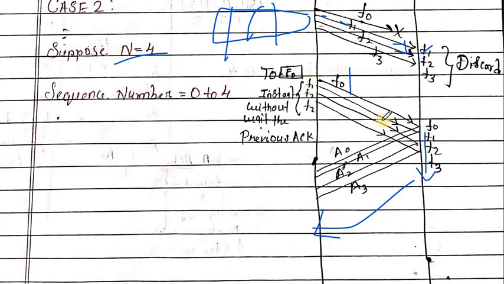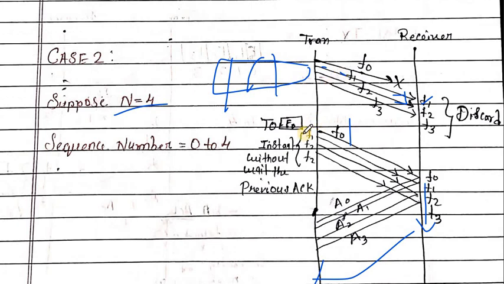If the transmitter doesn't receive any acknowledgement, it reloads all 4 frames of the window size and sends these frames again in a continuous manner.